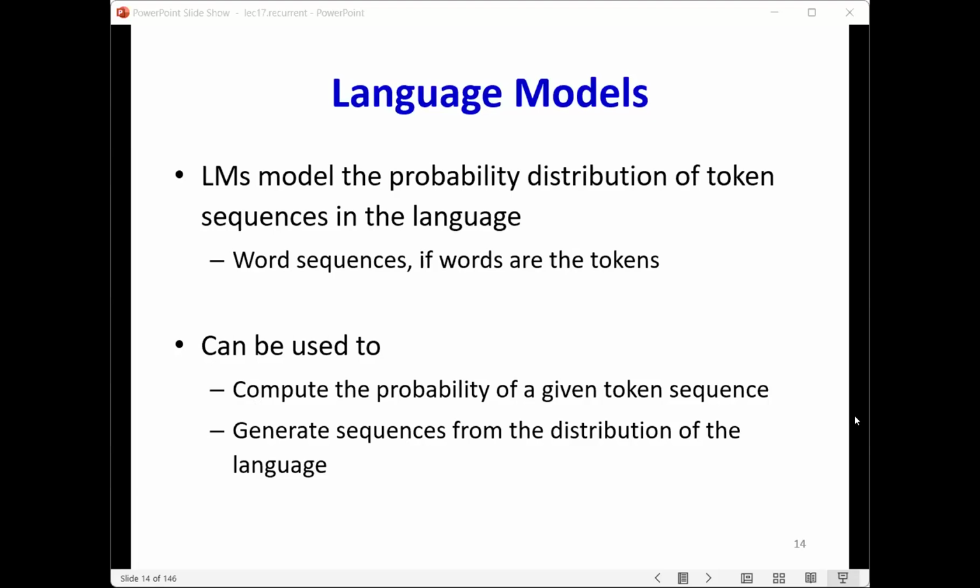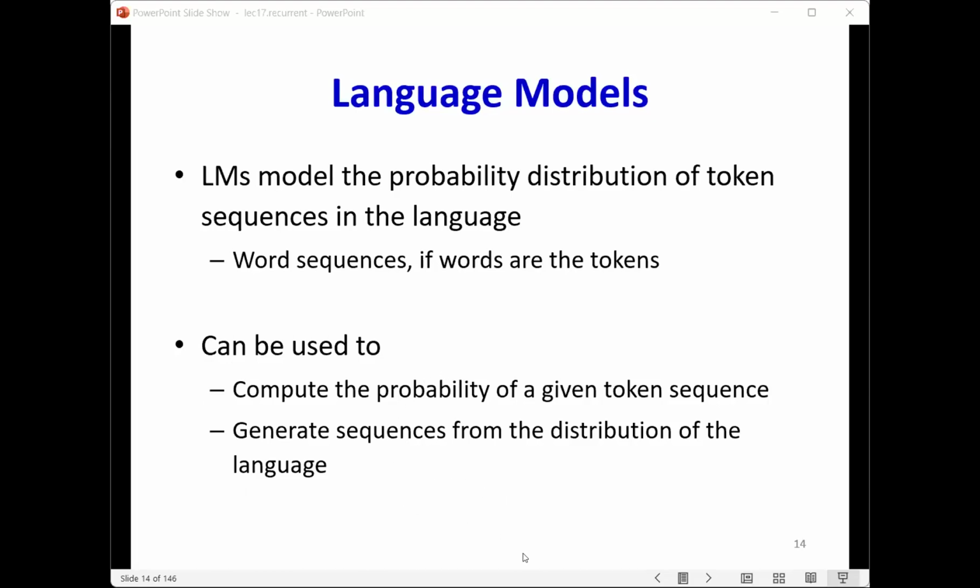And if your language model was accurately capturing the probability distributions of word sequences in real language, then this randomly drawn sequence is probably going to be a pretty valid sentence, right? So this is what you could do if you had a decent language model.